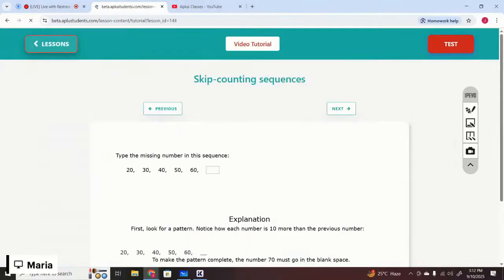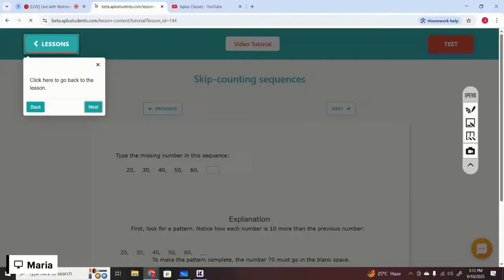The next lesson is skip counting sequences. Let's start with the next lesson.